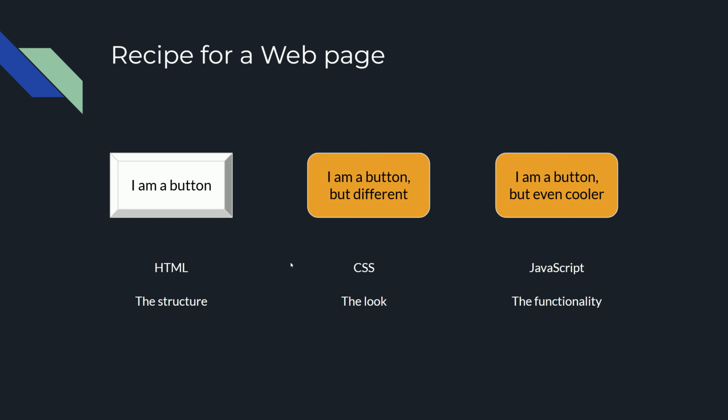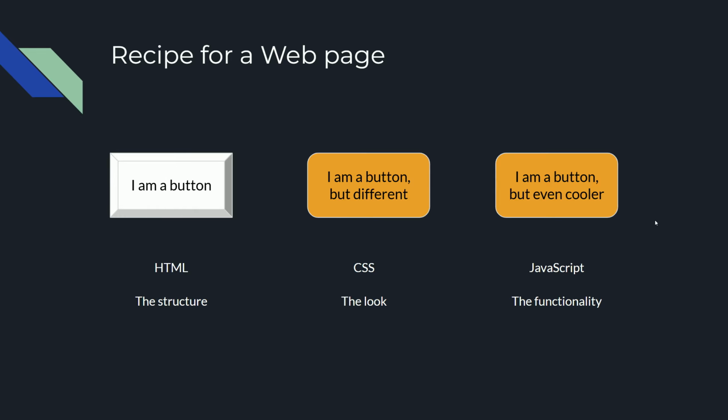So this is the basic general recipe for a web page. We have the structure, which is the HTML, which in here I just have as a button, which has bezels, it's white, doesn't do too much. With CSS, we can change the look of it. So instead of having such sharp corners, maybe I want rounded edges, and maybe I want to change the color a little bit to orange. So CSS can help modify how the HTML elements look.